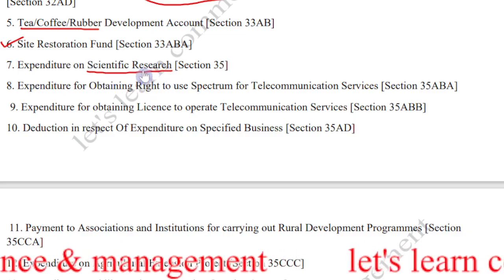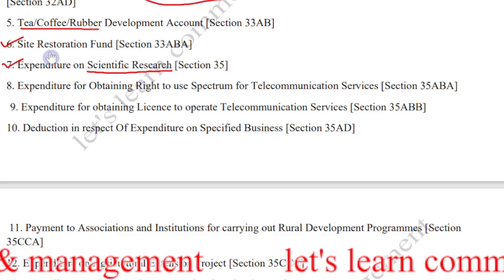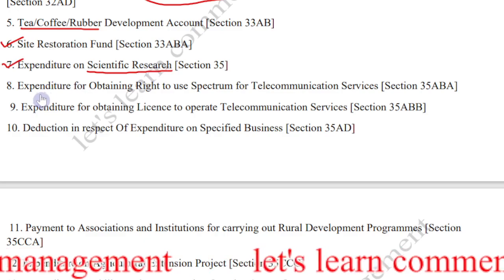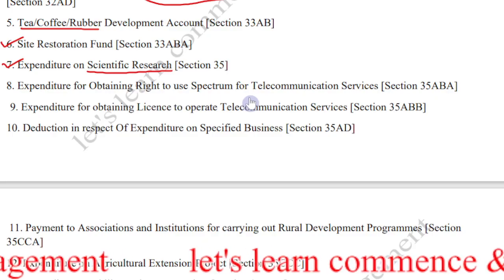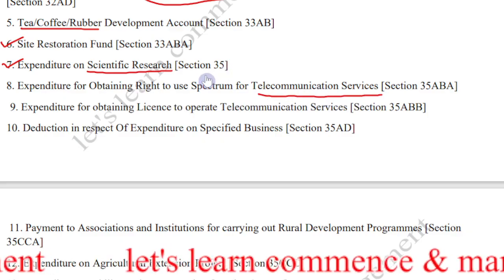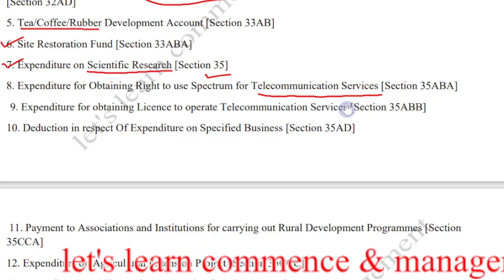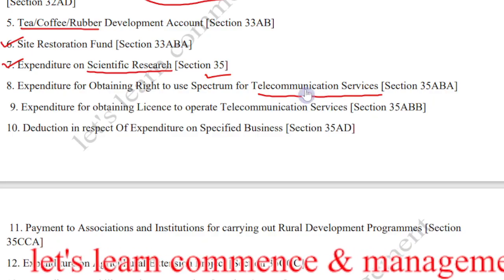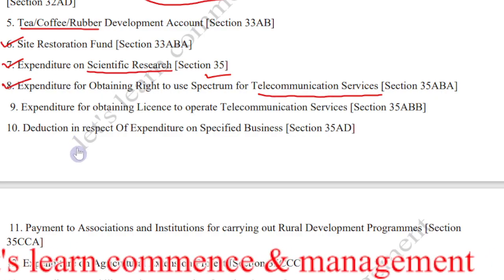Any expenses towards scientific research are also considered as a deduction. Expenditure for obtaining right to use spectrum for telecommunication services, to get any spectrum right to use the telecommunication service, those expenditures are also considered as deduction.